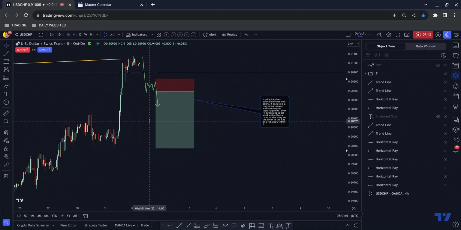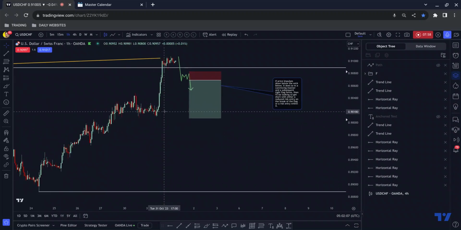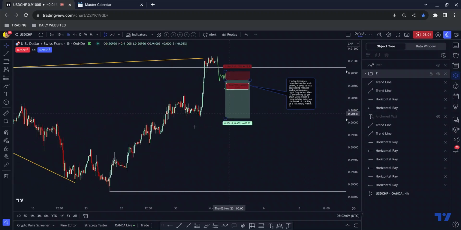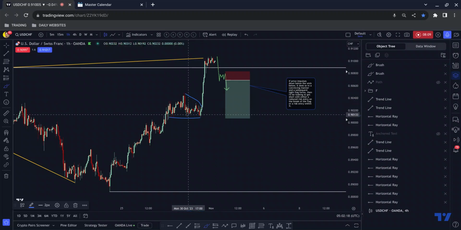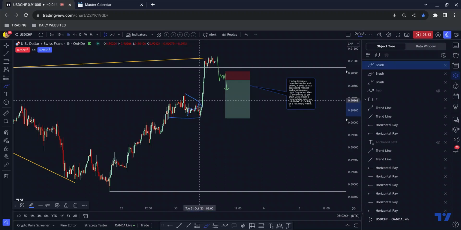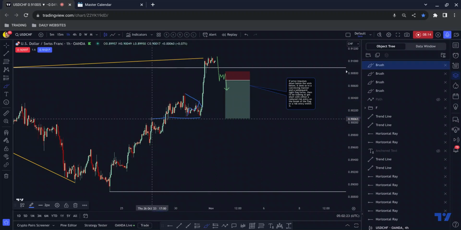So if that alert is triggered, I will set a Google Calendar reminder to remind me to check this periodically, so maybe every hour, to see if we get that correction afterwards, and then I would look to get short, and then I would be able to manage this down to this first inflection point, where you can see we have this 1, 2, 3 there, this piece of structure with that middle section within it, which just so happened to retest the back of this.